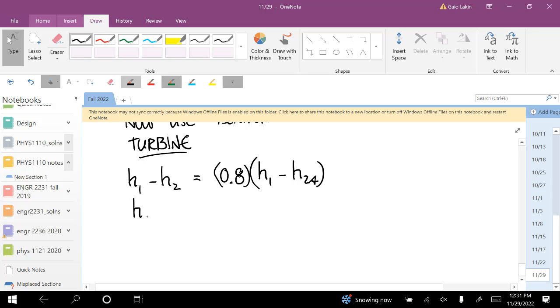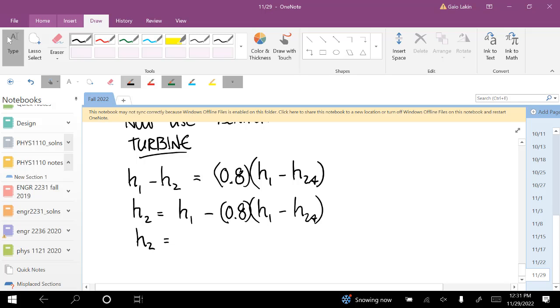The only one we're looking for is H2, so we can rewrite this as H2 equals H1 minus 0.8 times this difference. Plug the values in, and let's see.